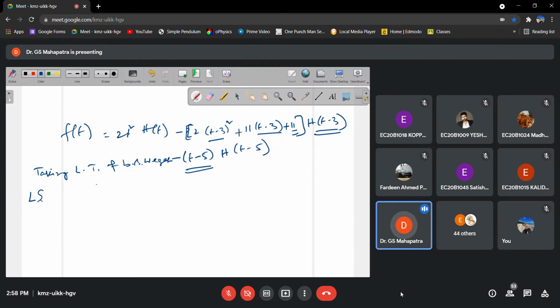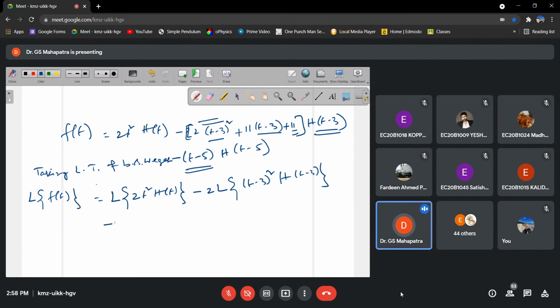Taking the Laplace transform of both sides, what will we get? The Laplace transform of f of t, that is our target. So Laplace transform of 2t square h of t, minus 2 into Laplace transform of t minus 3 whole square h of t minus 3 for this first part. Now the second part, again plus 11, Laplace transform of t minus 3 into h of t minus 3.